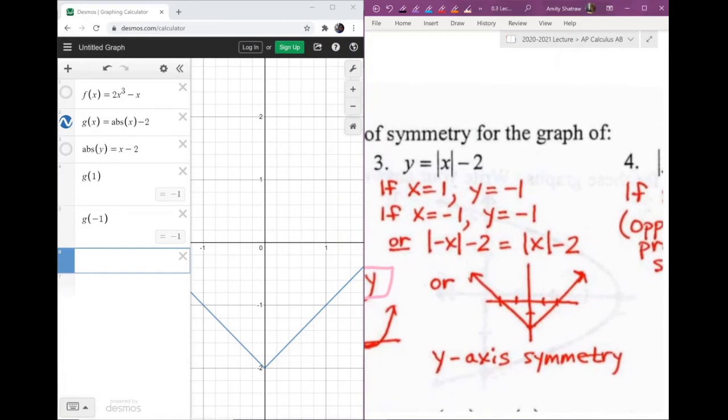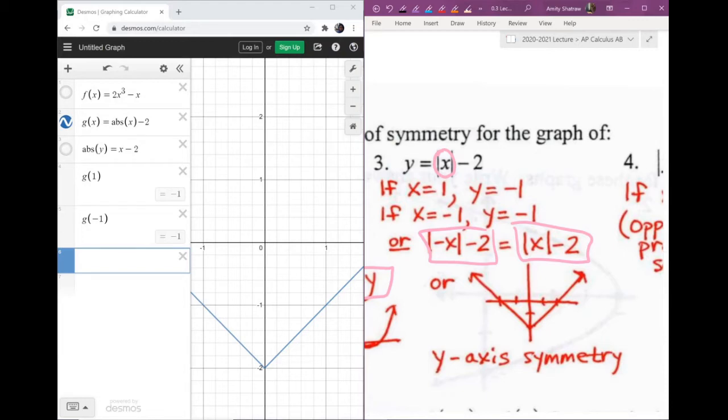If I plug in a negative x, well, what happens? Well, it doesn't matter. If you absolute value something that was negative, then you're going to get a positive. So you could have started with the positive. So this is exactly equal to that. They're the same thing. And so that's your formal test.